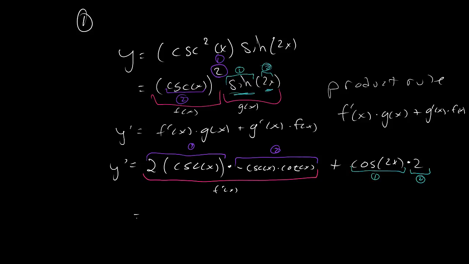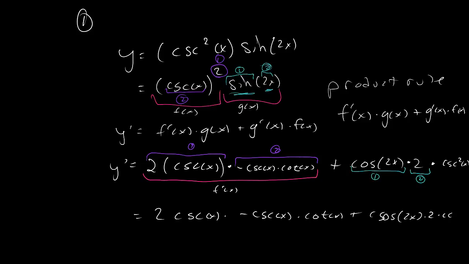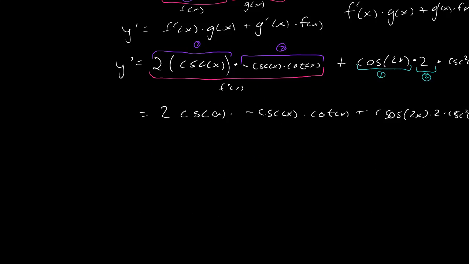So the final thing is going to be 2 cosecant x times negative cosecant x times cotangent x plus cosine of 2x times 2. Oops, I forgot to multiply by my cosecant squared. So then this is times cosecant squared. All right, so that's number 1.